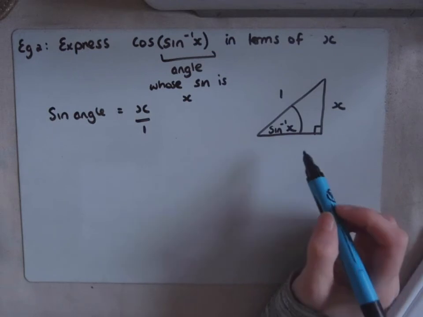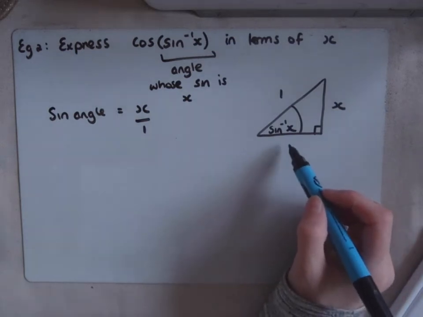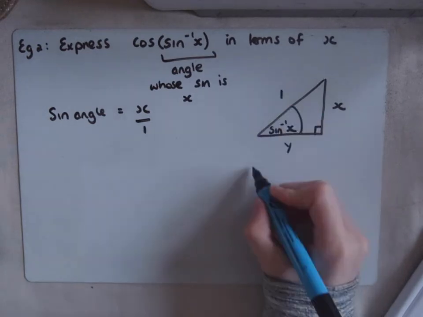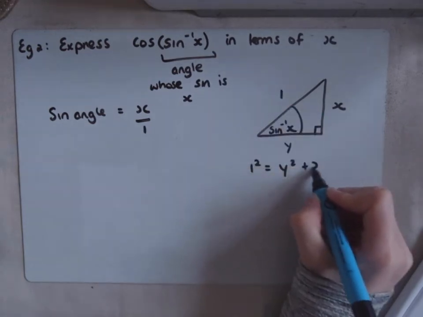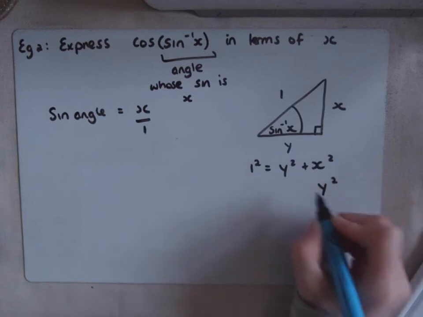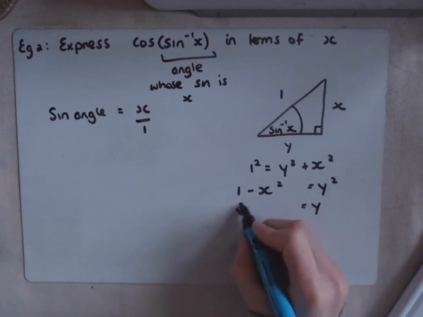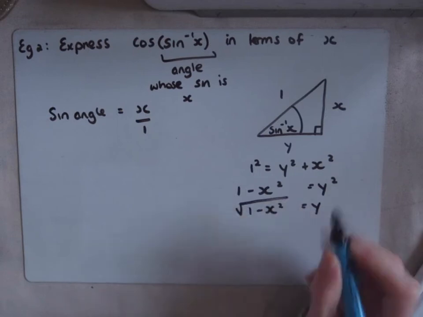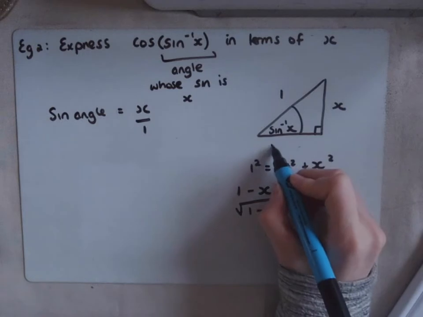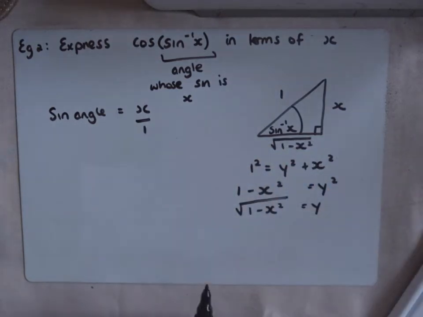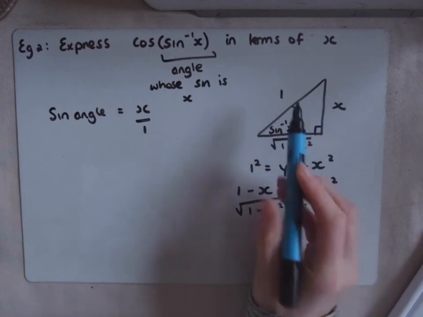So, this thing squared, we can call it y for the minute. 1 squared equals y squared plus x squared. So y squared is 1 minus x squared. So y is the square root of that. So if I'm interested in cos of that angle, it's adjacent over hypotenuse.